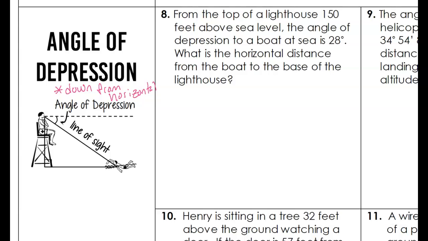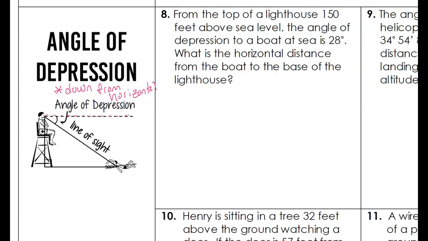Now, this picture is showing you that angle of depression and sometimes angle of elevation is a little bit more tricky. Because notice from our solid line in our right triangle, this horizontal solid line, there is no angle going down, meaning that my angle of depression here is actually from a line that we draw horizontally.